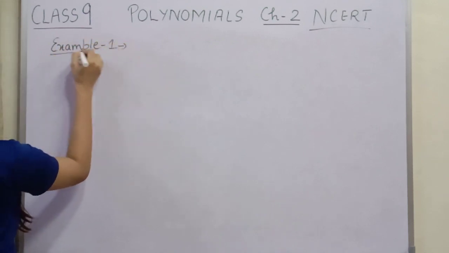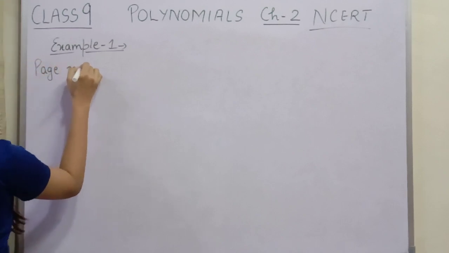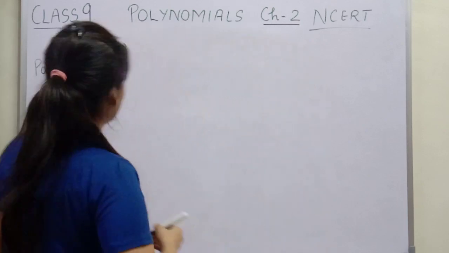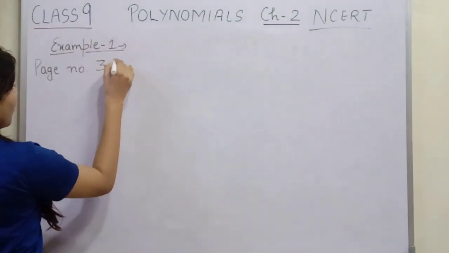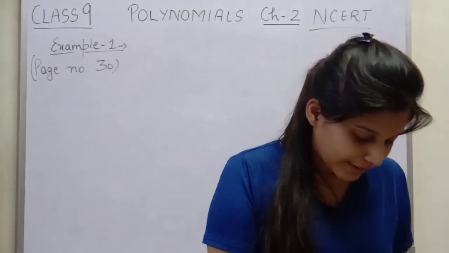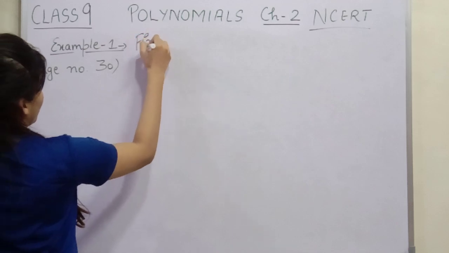Example number 1 is on page number 30. So what does example number 1 say? Find the degree of each of the polynomials given below.